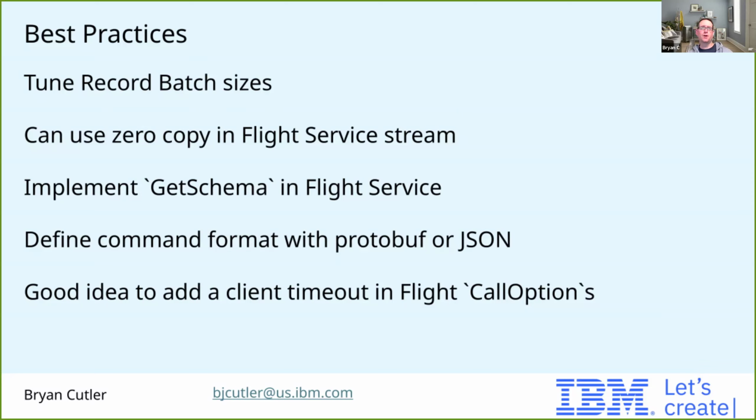There are some zero copy options you can use in your flight service when you're sending a stream. That can help with things. One thing you want to keep in mind though, it will zero copy a batch as it's being sent through the gRPC transport.